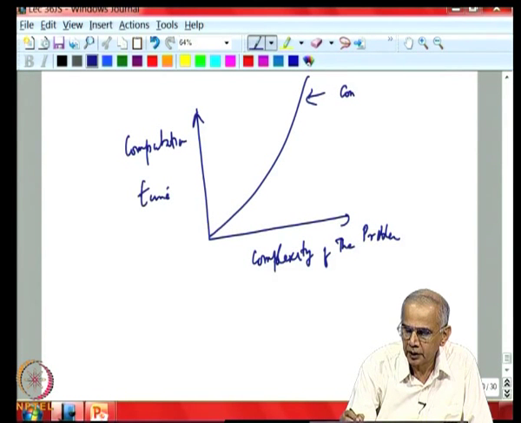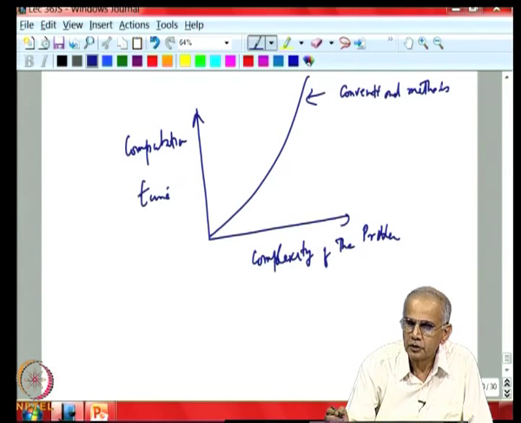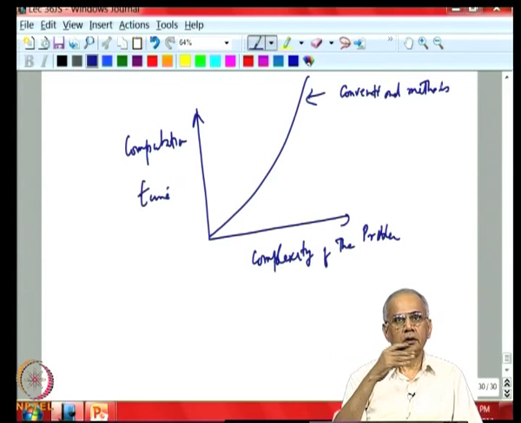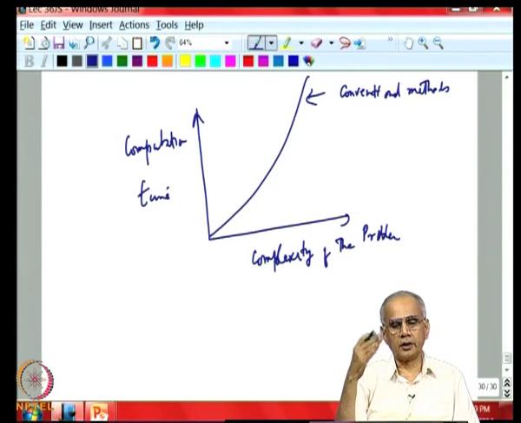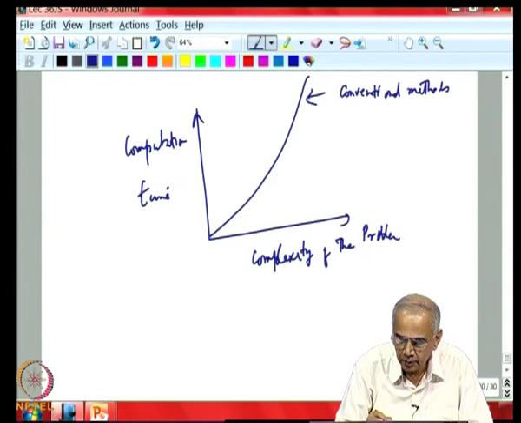Most conventional methods that solve integral and differential equations, as the complexity increases, the time required goes on increasing fairly rapidly, but the Monte Carlo problems are usually more like this.